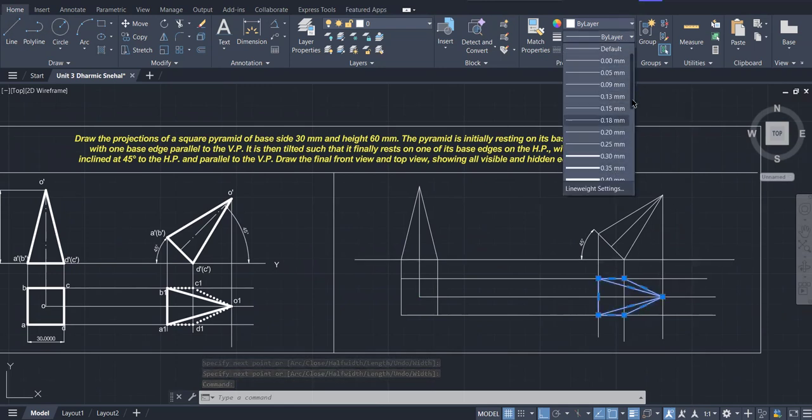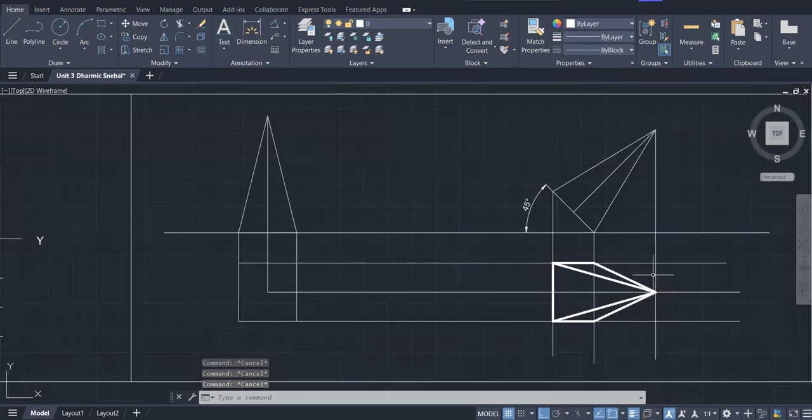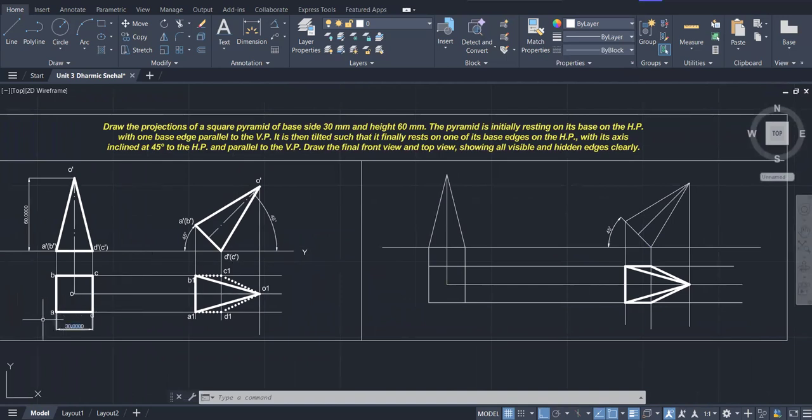Now highlight these lines and increase the line weight of these lines. We will join these points with this. From the namings, we'll get to know here A, then A, B, C, D.